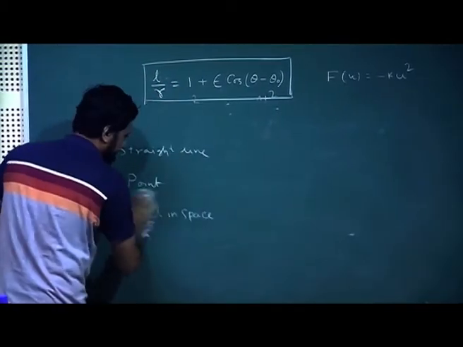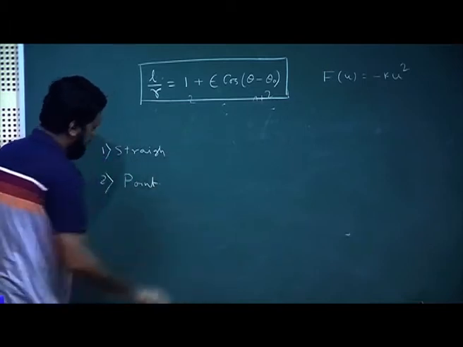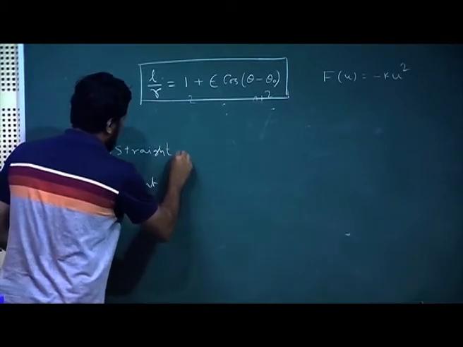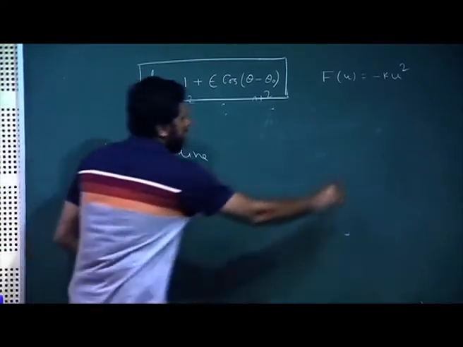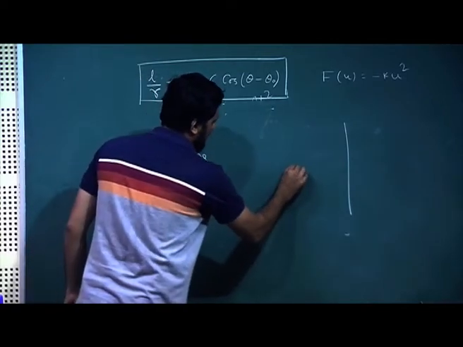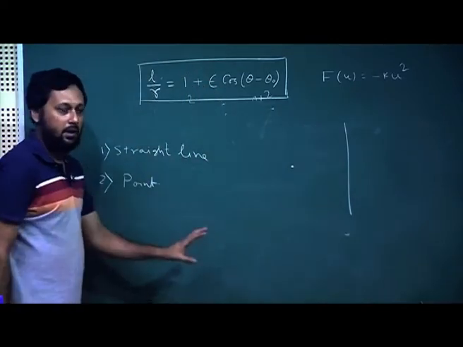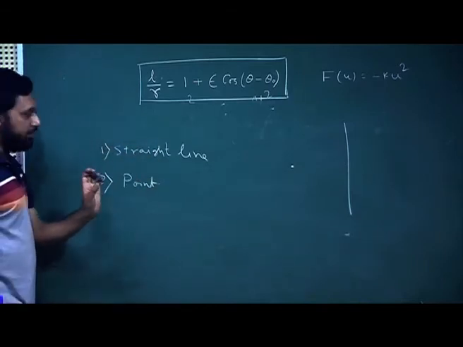So, what we need in order to define a conic section is a straight line and a point which is fixed in space. So, let us say this is my straight line and this is my point, which are fixed. Now, there happen to be very defined names for these.